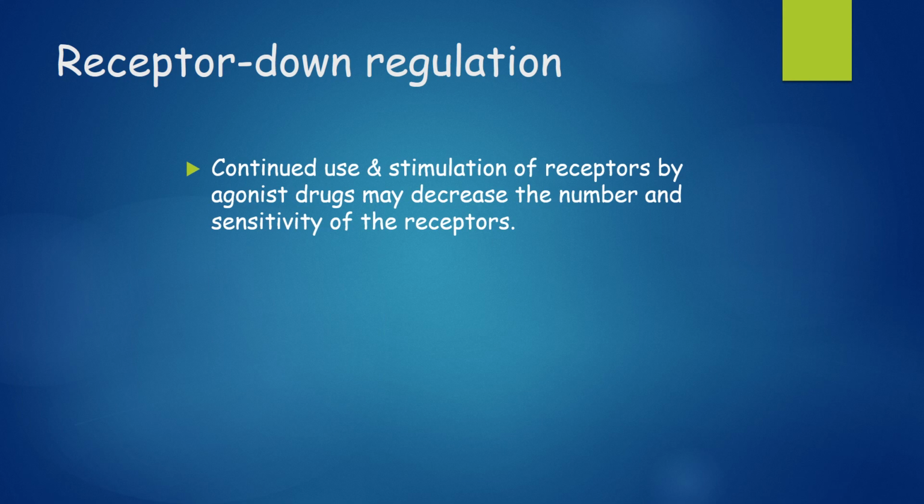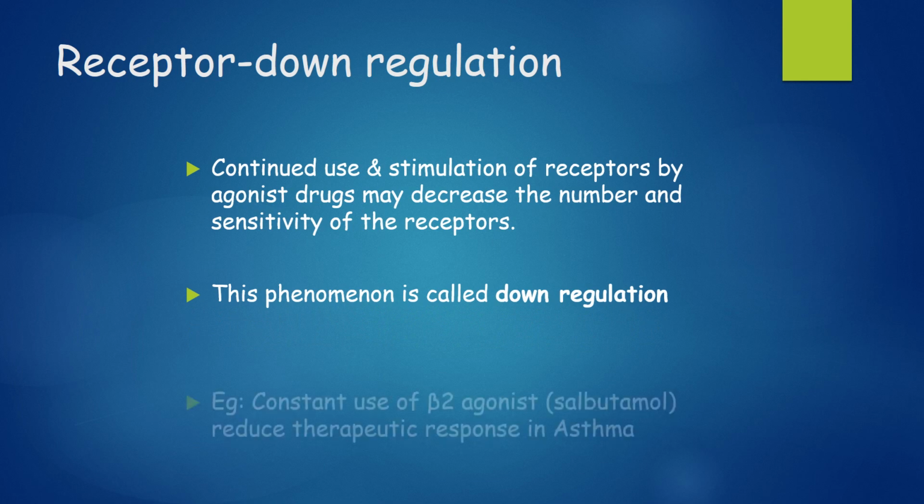That's why in some drug addictions, the patient is taking regularly some amount of drug. After a few days, the initial dose may not be effective. That means that receptors are down regulated, so we need a higher dose. This phenomenon is called down regulation.